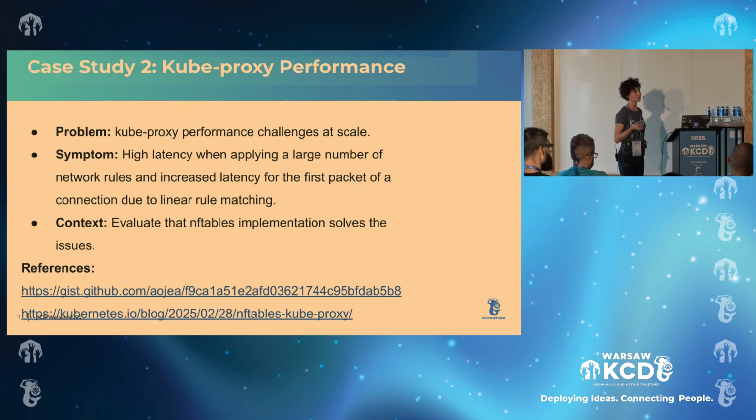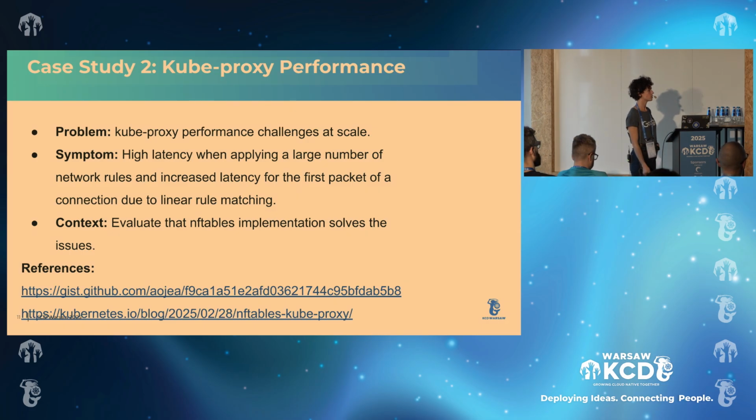But it turns out that at high scale, kube-proxy based on iptables is not working well. This is mainly because iptables has linear search and introduces a lock while the rules are inserted or deleted, and it impacts all of the operations on iptables and also the routing.